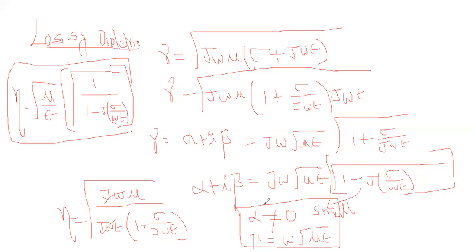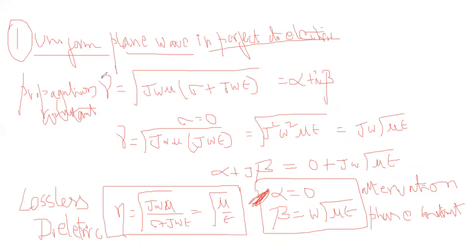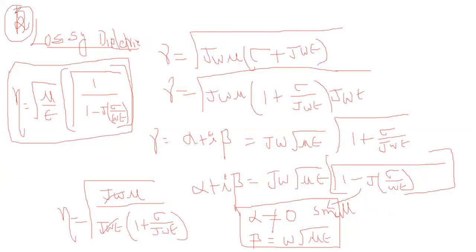And coming to the uniform plane wave in practical dielectric, the third one is, the second one was uniform plane wave in perfect dielectric, and this one is a lossy dielectric. Let us take the B, lossy dielectric, the same thing.